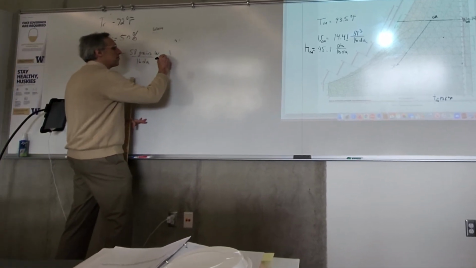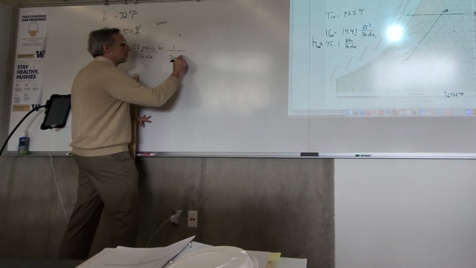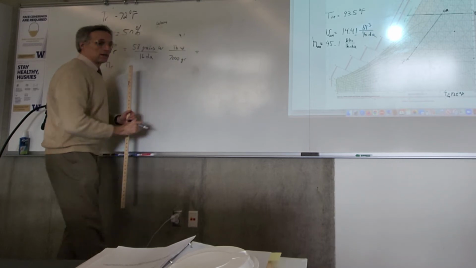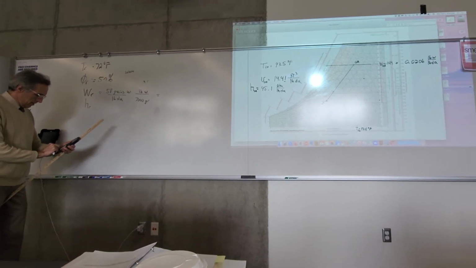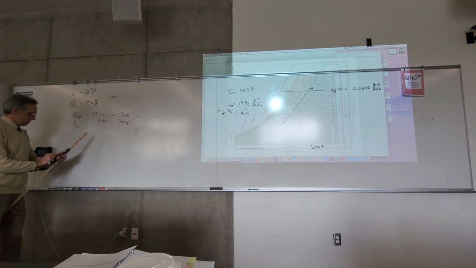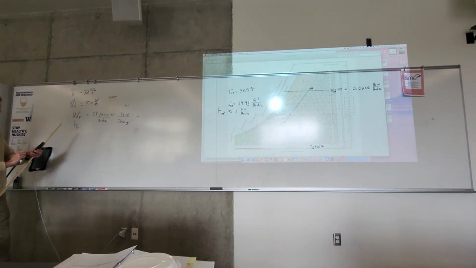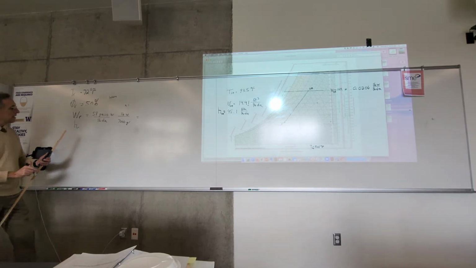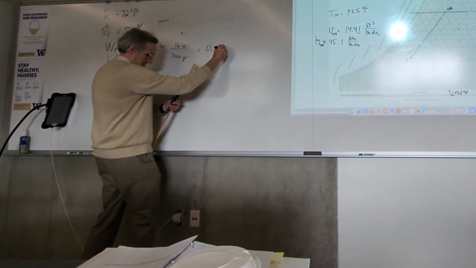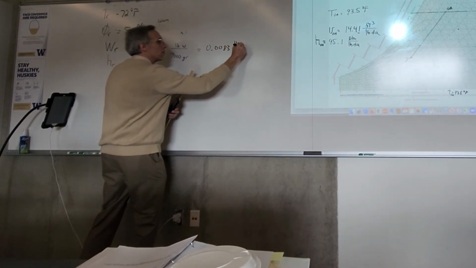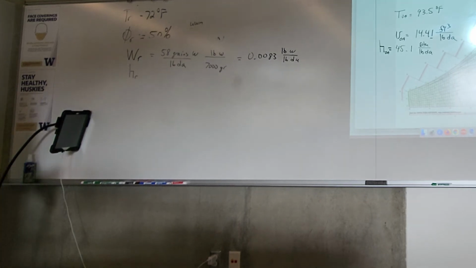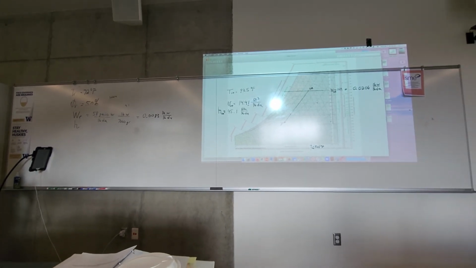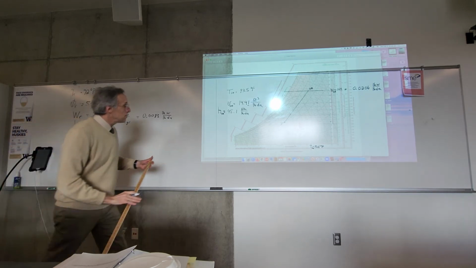Let's divide by 7,000 and see what we get. 0.0083. Does that sound about right? Yeah.